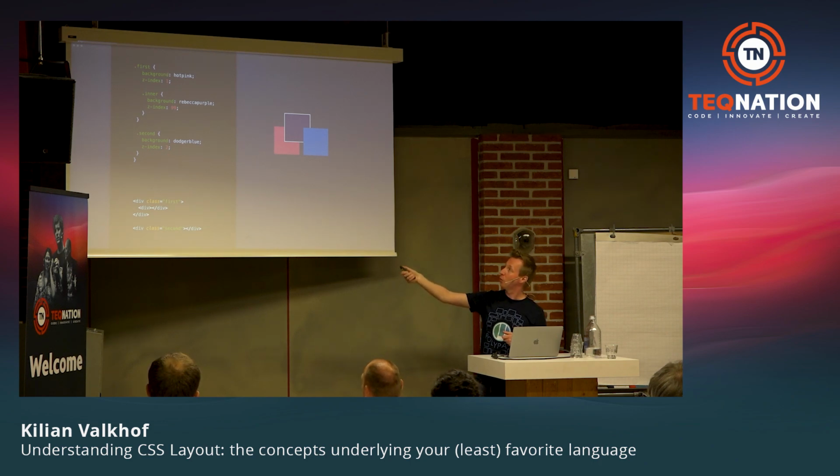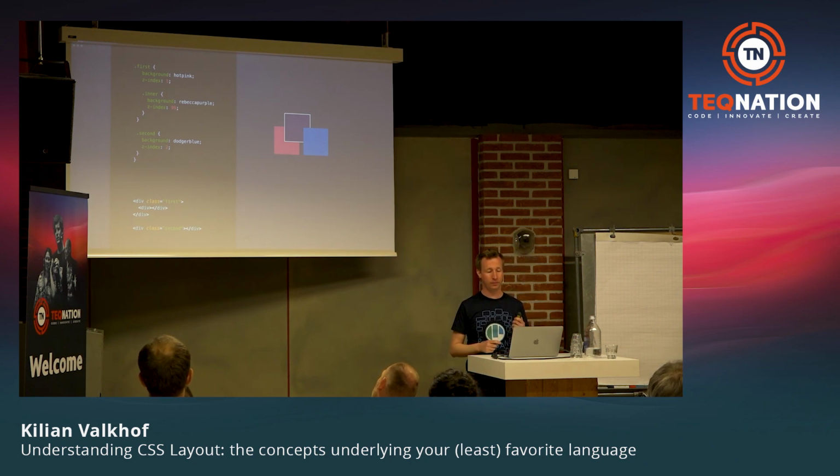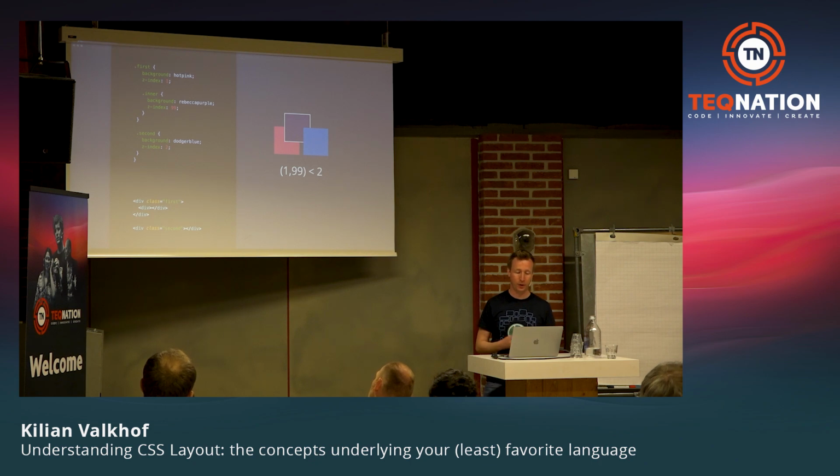And because 2 is more than 1, it doesn't matter how high your z-index inside of that first element is, 2 will always beat 1. Or in other words, 1,99 is less than 2, so it'll be behind the z-index of 2.